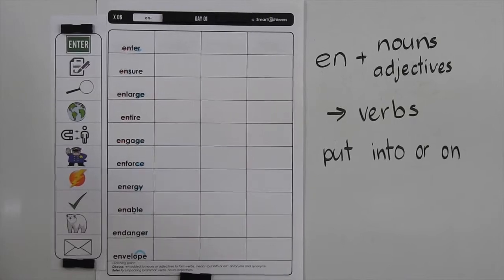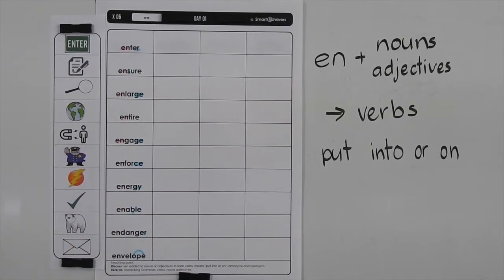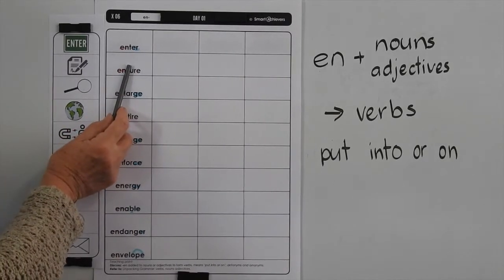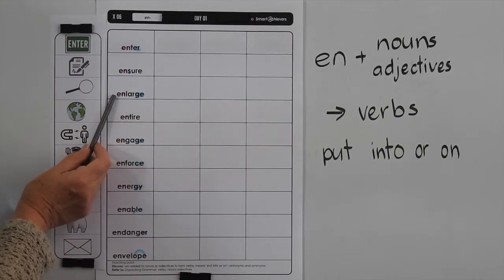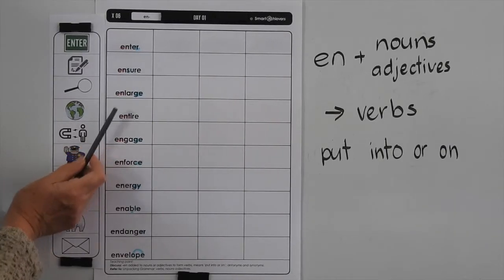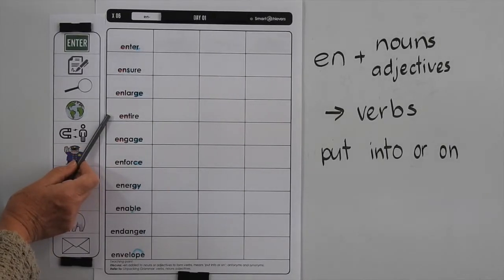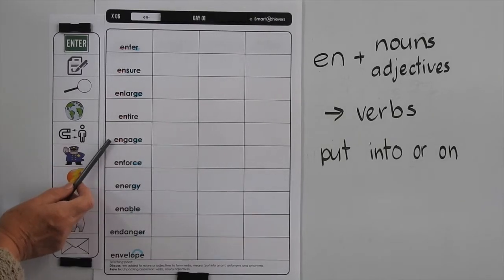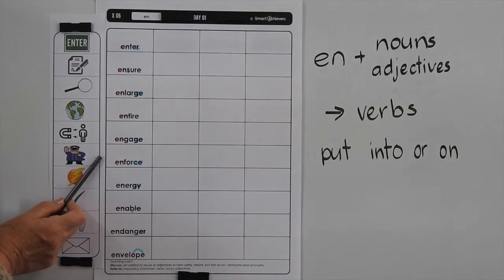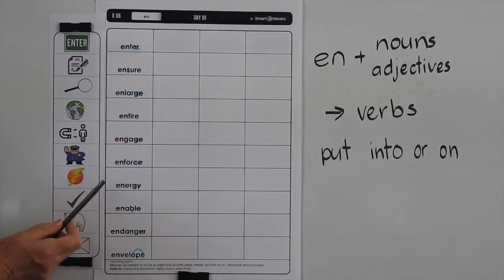Now, let's have a look at what these words mean. Enter means to arrive. Ensure means to make certain that something will occur. Enlarge means to make larger or more extensive. Entire means the whole of something. Engage means to captivate. Enforce means to make someone observe or comply with a rule, a law, or an obligation.